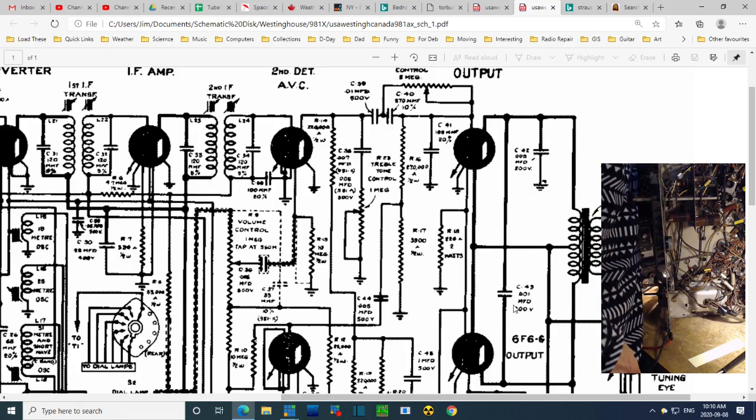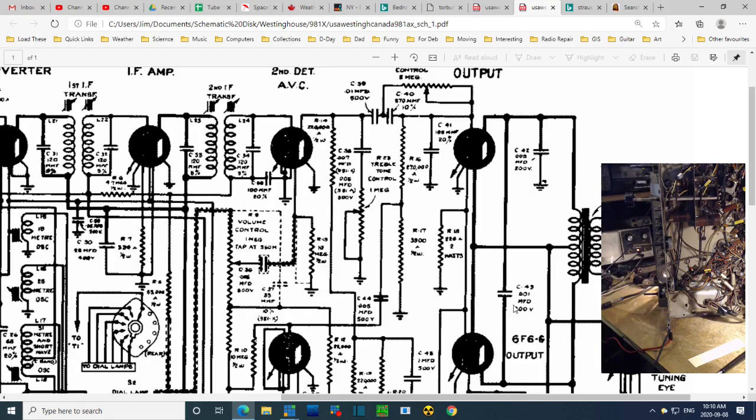Okay, I'm trying to get a hold of it here. Here we go. Okay, I'm holding it. What was that? I'm bumping something else with my arm. It's coming and going.